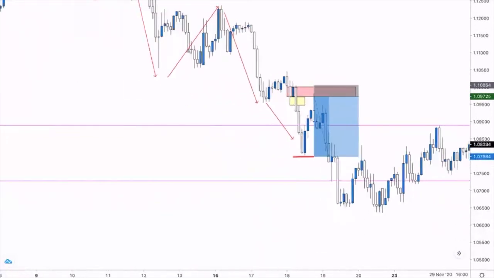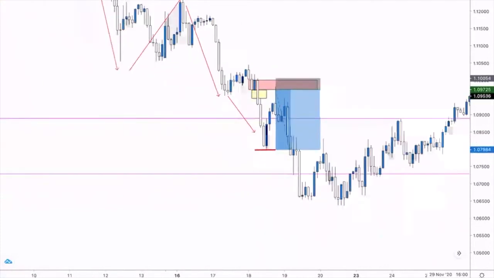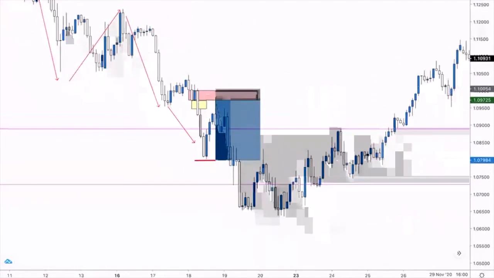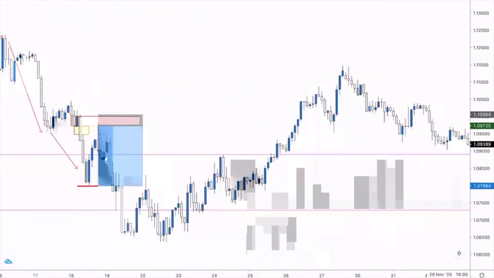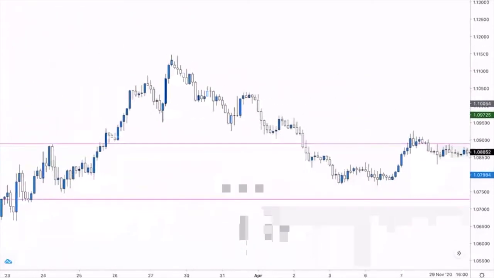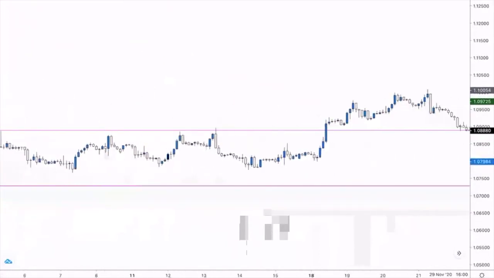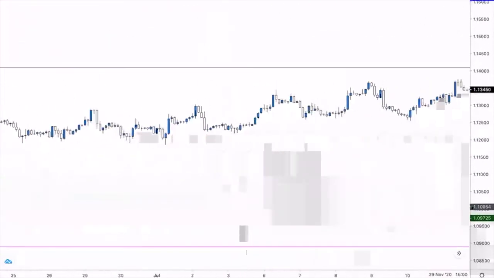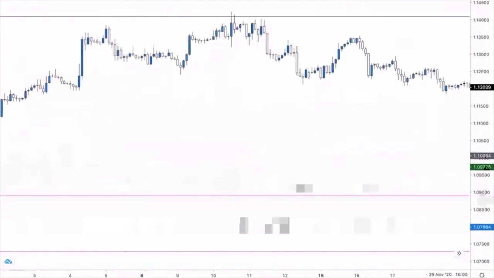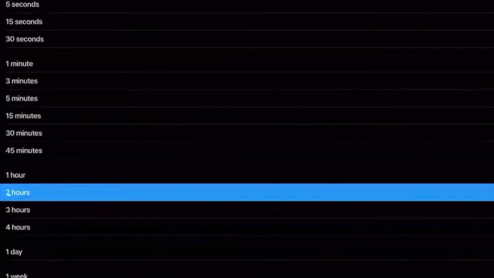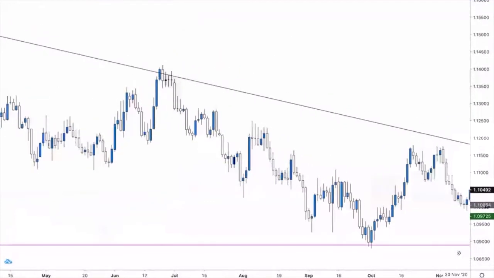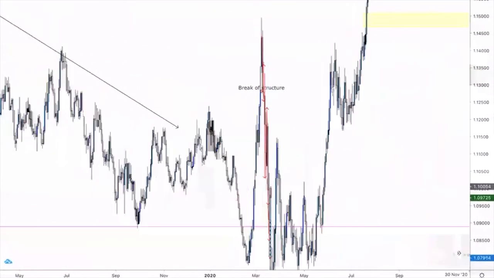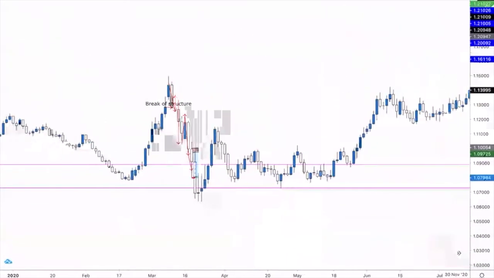All right. So we talk about market structure. We talk about overall directional bias. So let's talk about when market structure is in a range and how we go about marking that up. So let's find a consolidation range.